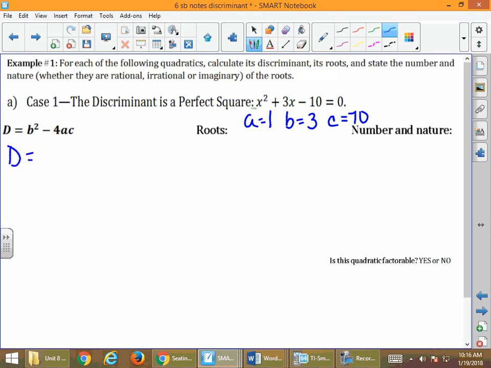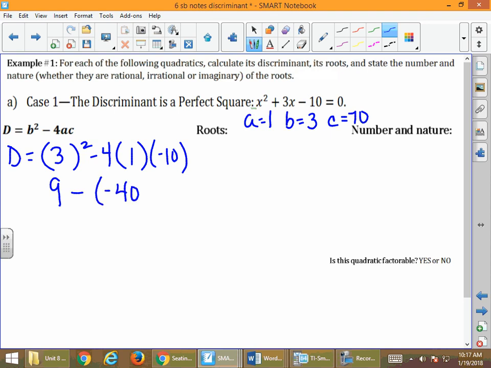Our discriminant is b squared minus 4 times a times c. Well, 3 squared is 3 times 3, which is 9. And then 4 times 1 times negative 10 is negative 40.